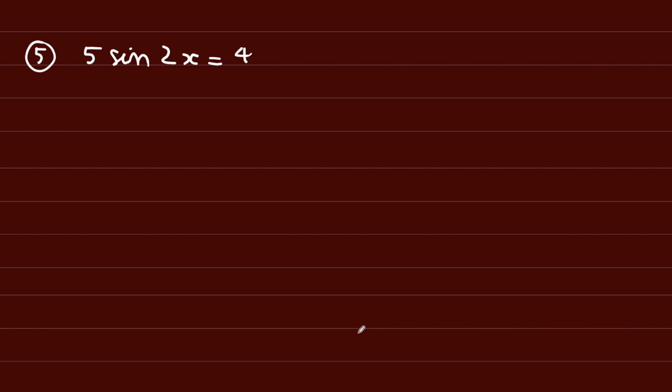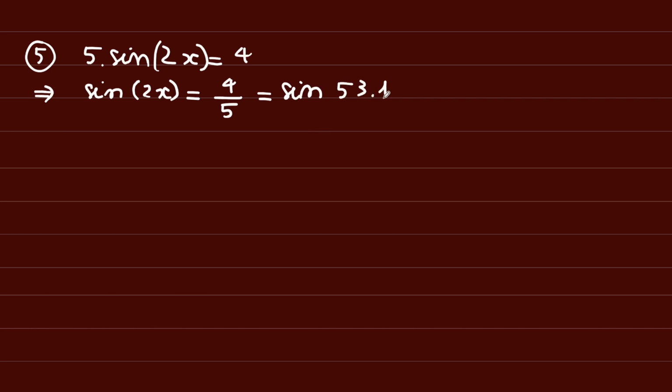Find x where sine 2x equals 4 over 5. Step by step, we can do this question. The first one, I need to make the sine function the subject: sine 2x equal to 4 over 5. And I want to convert 4 over 5 to an angle using the inverse sine function. One more time, inverse sine of 4 divided by 5 equals 53.1.